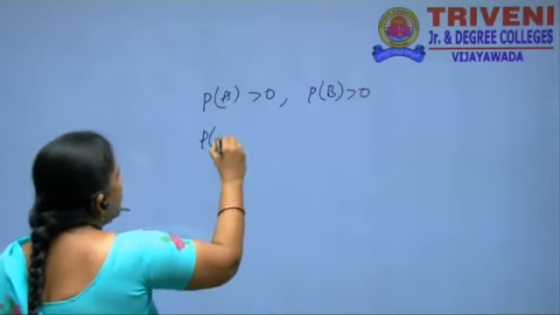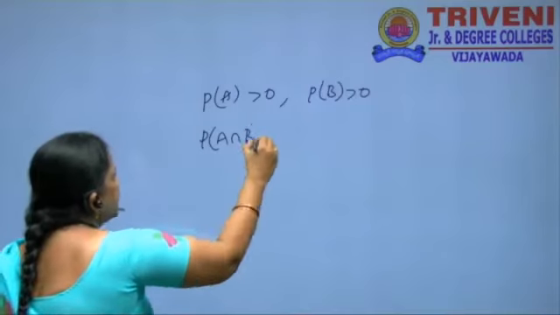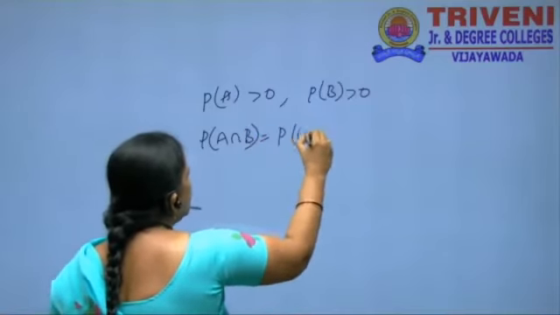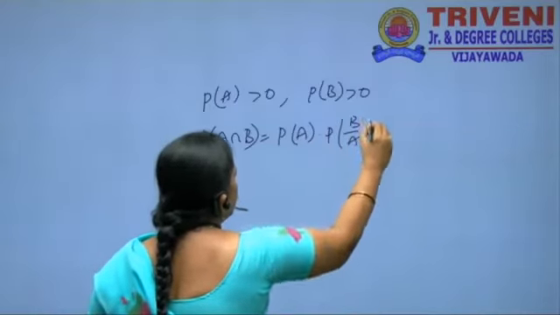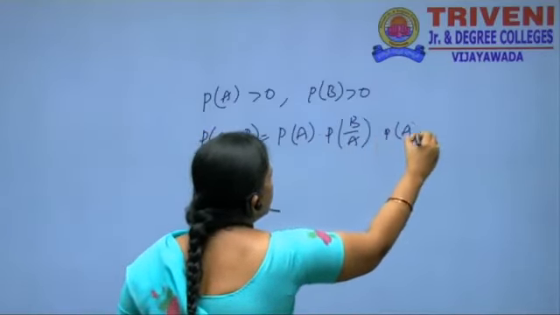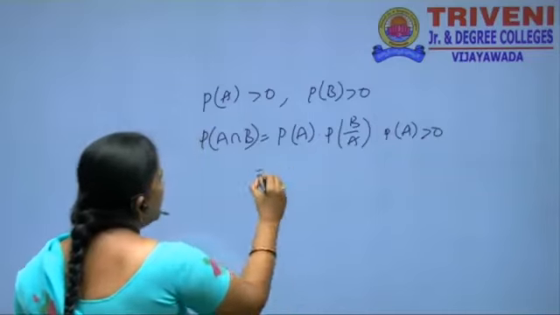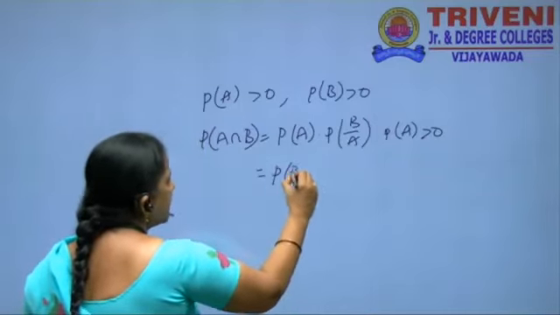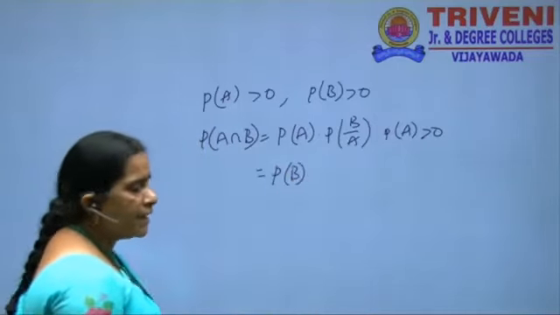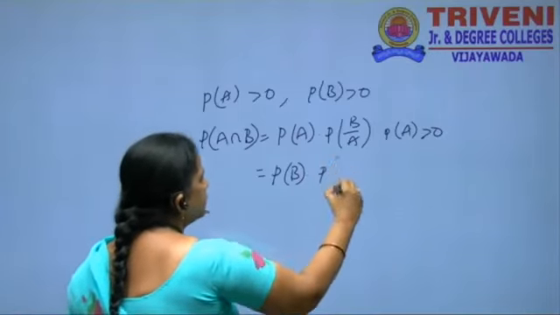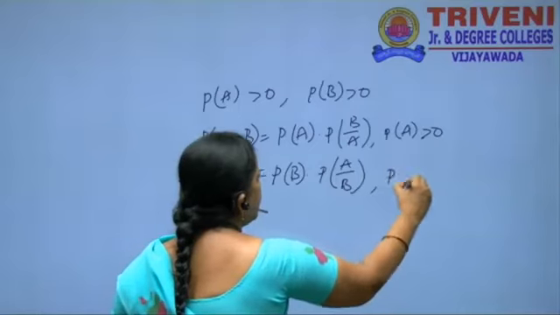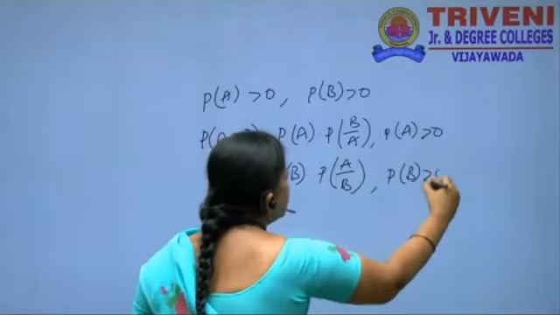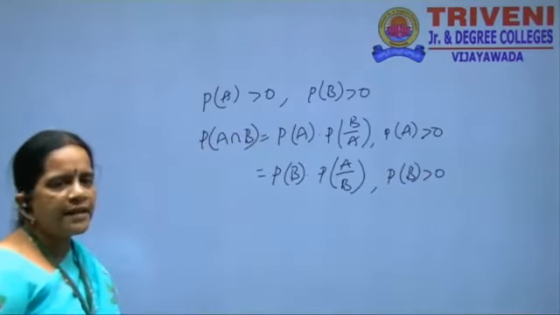We know that P of A intersection B is equal to P of A into P of B by A. Here P of A is greater than 0. And here in place of A we substitute B: P of B into P of A by B. Here P of B is greater than 0. This is the statement of the multiplication theorem.